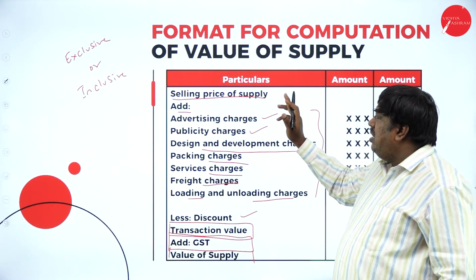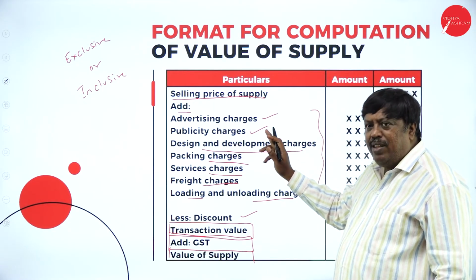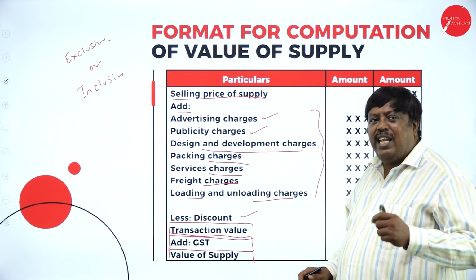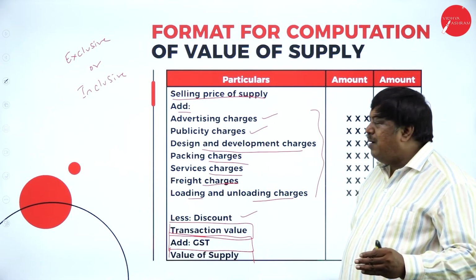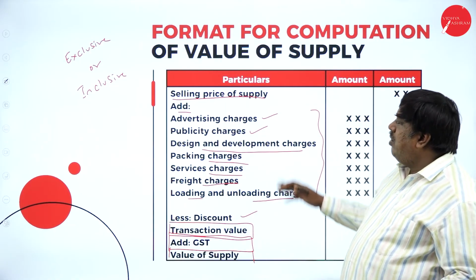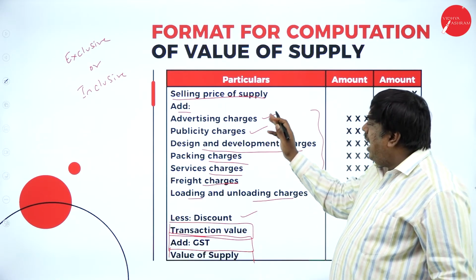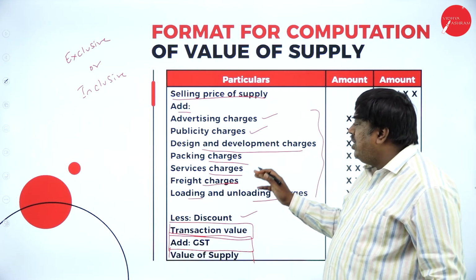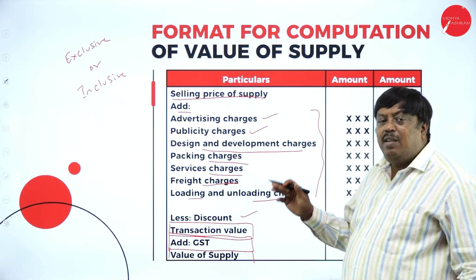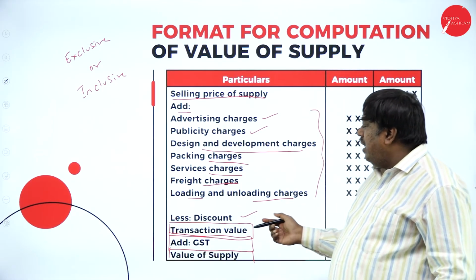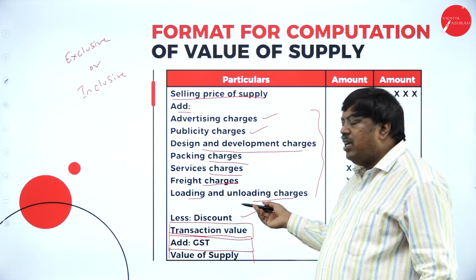First, we consider the selling price of the supply. We check exclusive or inclusive. If it is inclusive, we deduct the tax amount. If it is exclusive, write the amount directly in the outer column and add all the charges incurred in the process of selling the goods or services. If any discount is provided, deduct that.